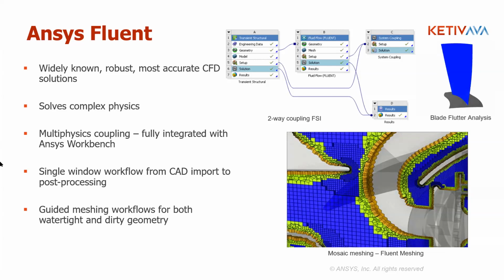It has guided meshing workflows for newer engineers that can also be used by experts. Why? Because these guided meshing workflows have outlined very intuitive, very easy to follow steps that you can just keep following from top to bottom. And you will end up having a good quality mesh that doesn't take a lot of time to compute.